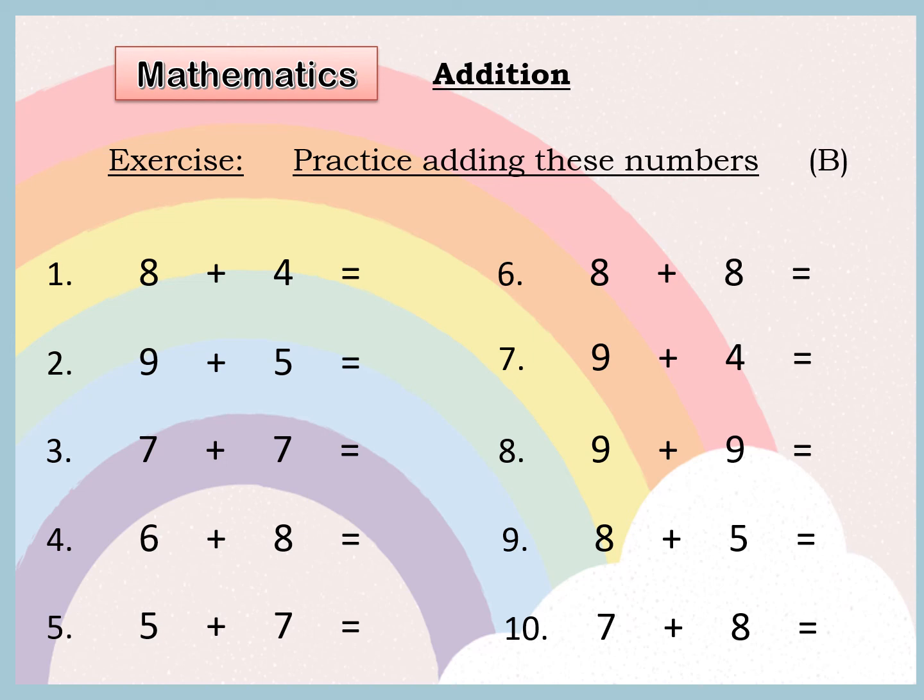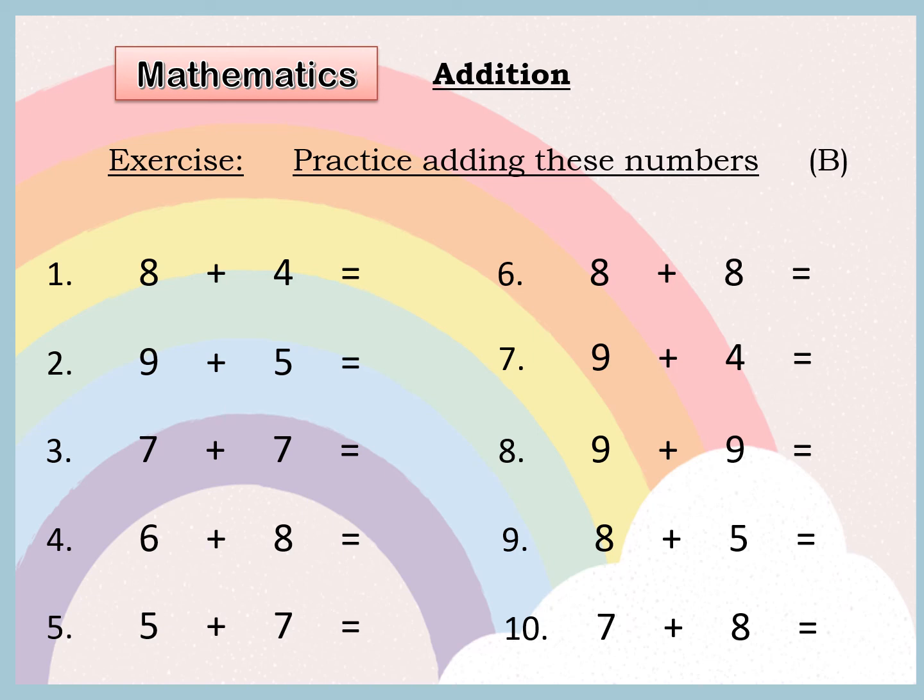Number 7, we have 9 plus 4 equals. Number 8, we have 9 plus 9 equals. Number 9, we have 8 plus 5 equals. And number 10, we have 7 plus 8 equals. Alright, so let's start with number 1.